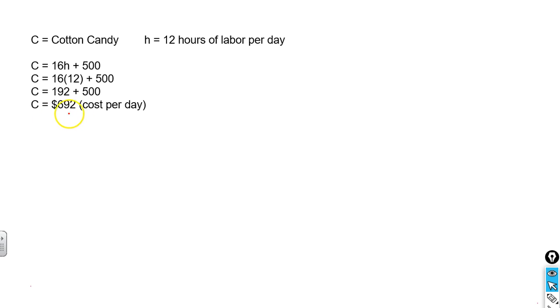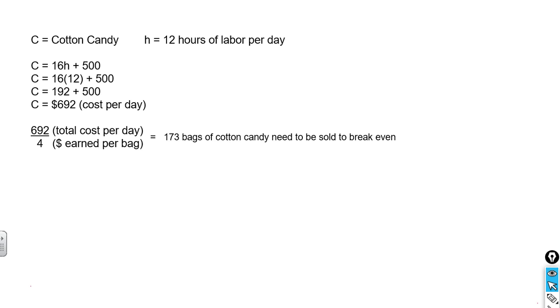Well, if that's how much it costs John to run the booth, now we need to know how many bags of cotton candy he would sell if he sells them for $4 per bag, so that he would break even, so that it wouldn't cost him anything to run the booth. He wouldn't make a profit, but it at least wouldn't cost him anything. So we're going to take that $692, or the total cost per day, and divide it by the $4 that he earns per bag. And when we divide that, we get 173. So he would need to sell 173 bags of cotton candy in order to break even.